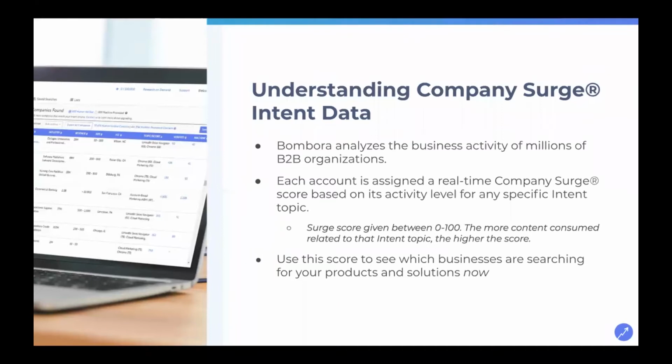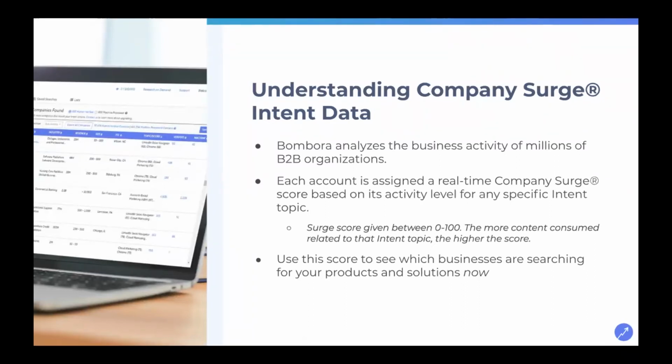So let's talk a bit about company surge. As I mentioned, this is the term that Bombora uses to identify when companies are surging on a specific topic or intent topic. Bombora actually analyzes the business activity of millions of B2B organizations, and each of these accounts is assigned a real-time company surge score based on its activity level for any specific intent topic.